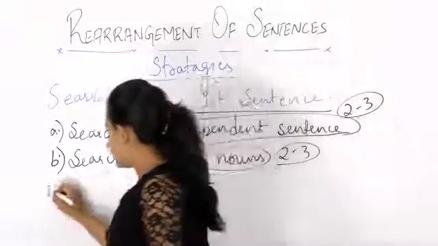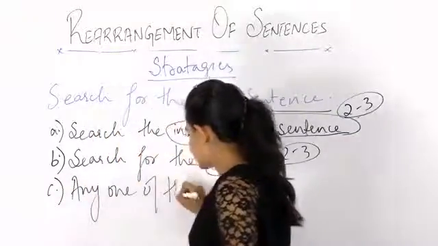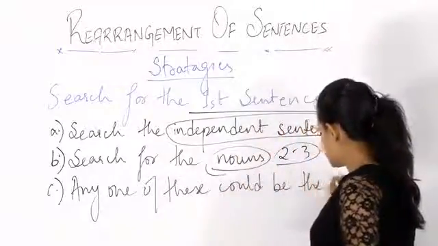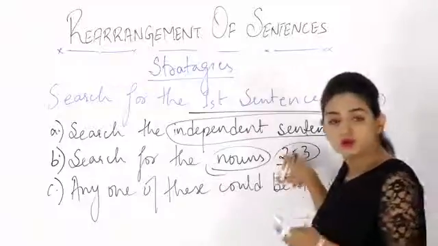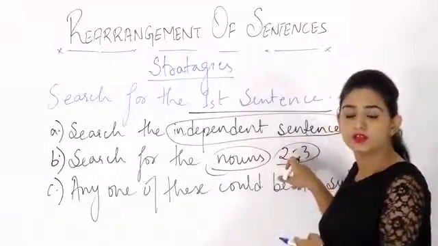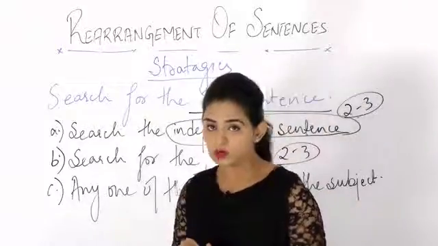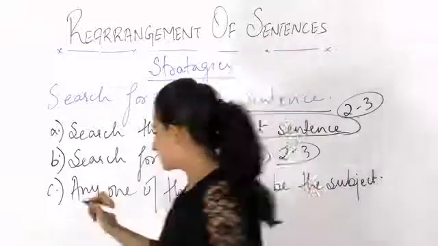When you get 2 to 3 nouns, any one of these could be the subject. Now you know the subject. You don't know the introductory part. You only know the subject of which the rearrangement is given.